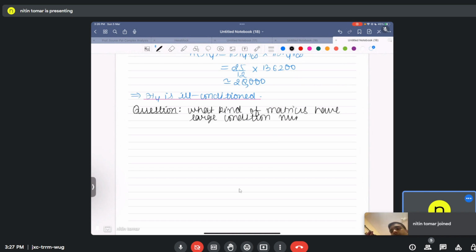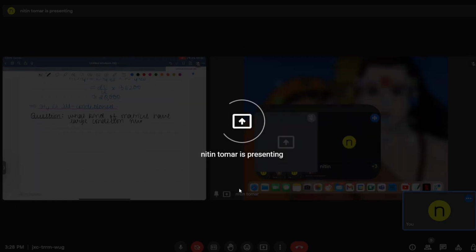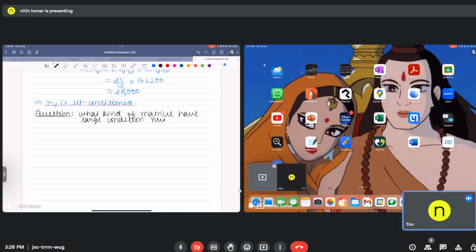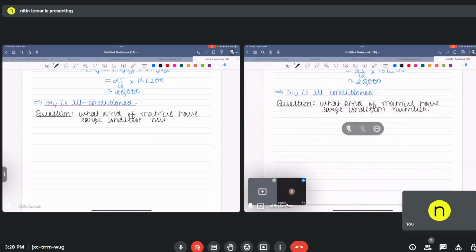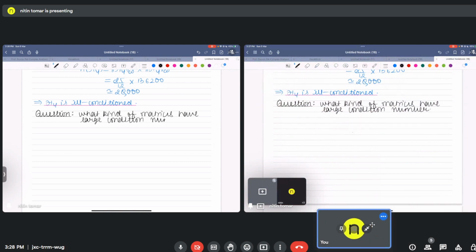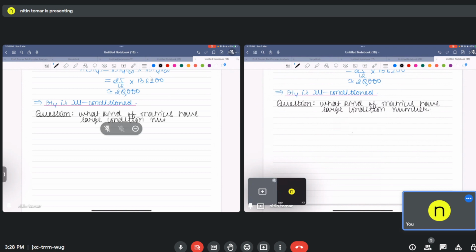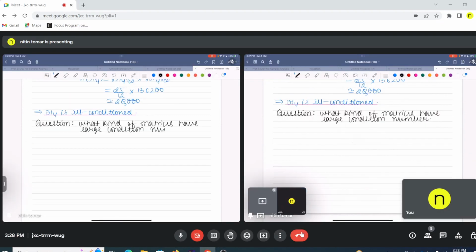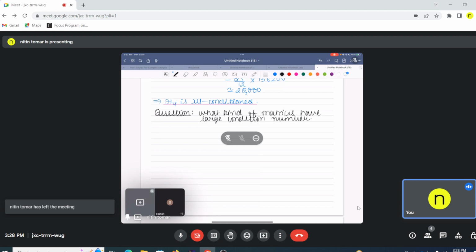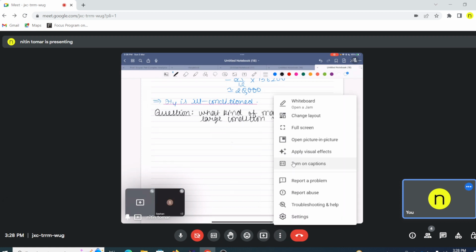Hello, can you see the screen? Yes, sir, I can see the photo. Are there two screens? No, one screen, and that is your profile. Okay, now it's fine, right? Yes.